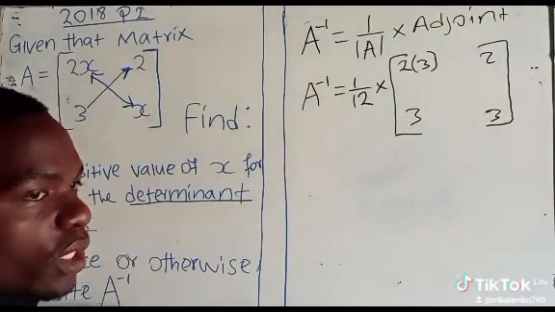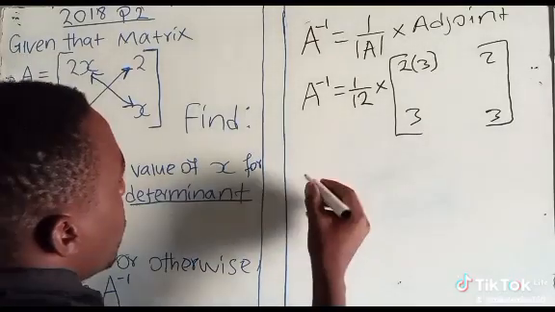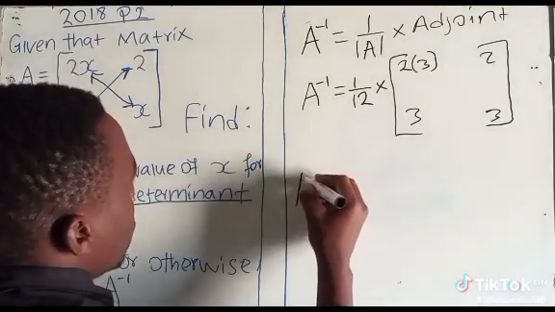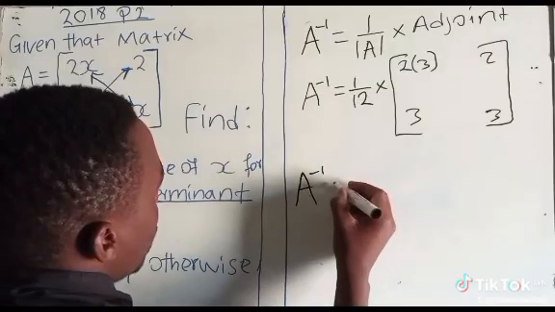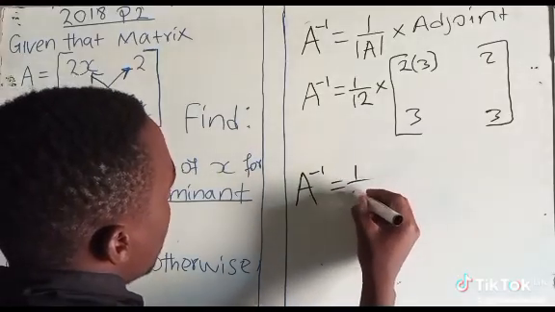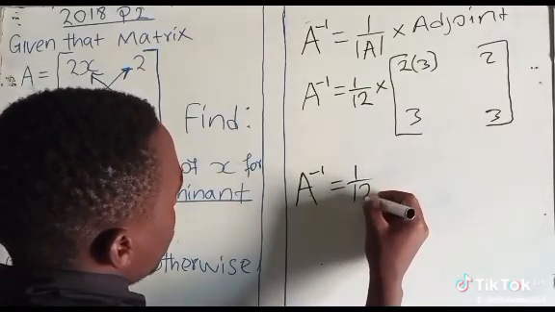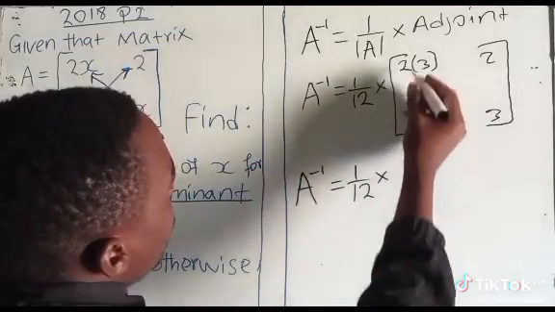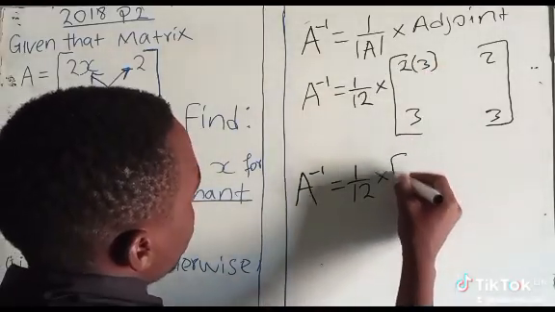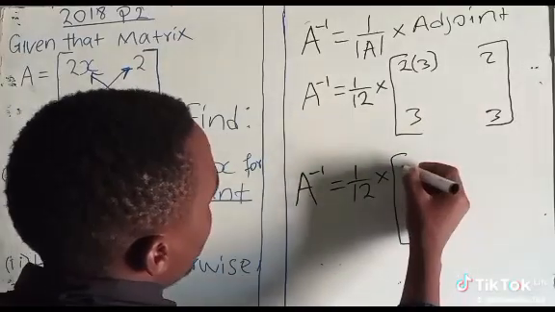So now, to find the adjoint, we are going to say the inverse of matrix A is equal to 1 over the determinant multiplied by, here we are going to have a 6.